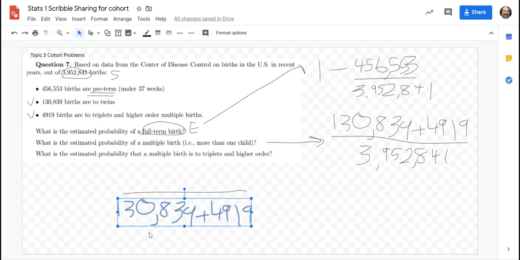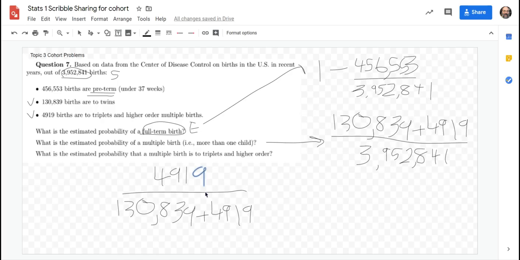Now we know the size of the sample space is twins, triplets and higher order. What's the estimated probability of triplets? The special event is triplets or higher order. So we put that number on top. Again, it's the same concept that probability is a relative frequency, which is a percentage created by taking the size of the special event you're looking for and dividing by the size of the sample space.